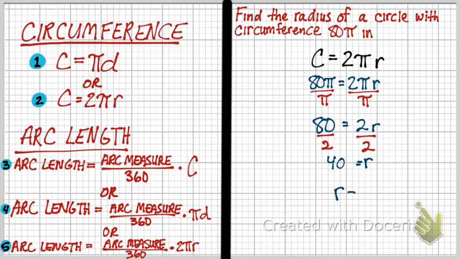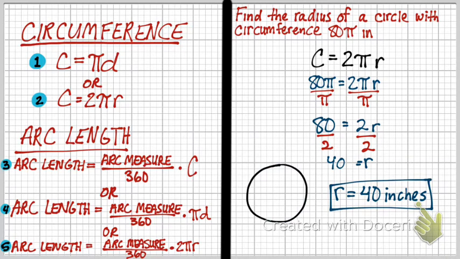So what I've just found out in this problem is that the radius is 40 inches. So if I have a circle and the circumference is measured exactly at 80 pi inches, then that circle will have a radius of 40 inches. And that's the answer to this problem.